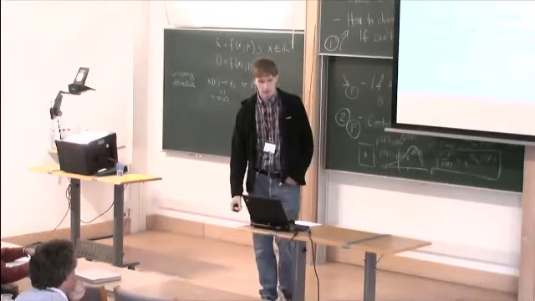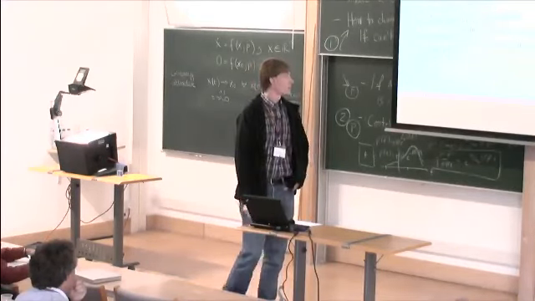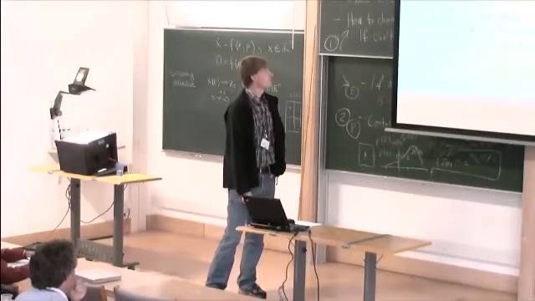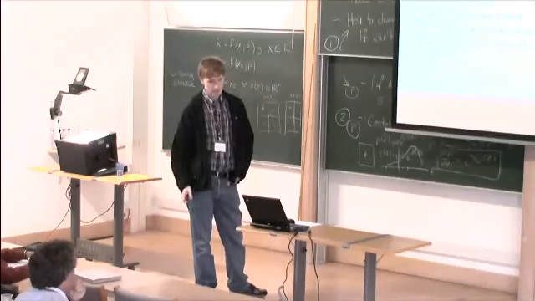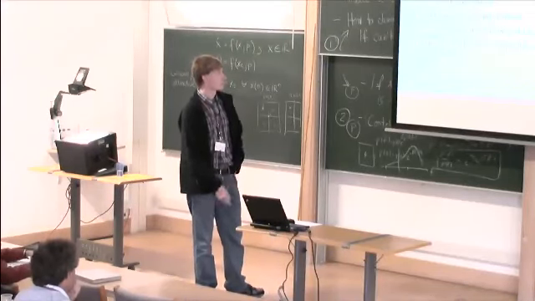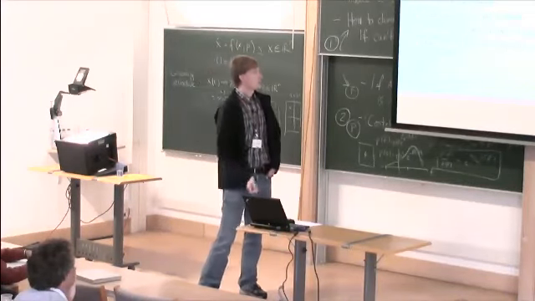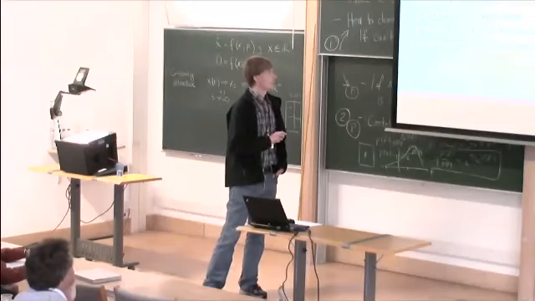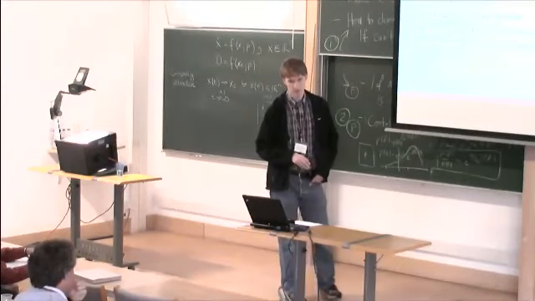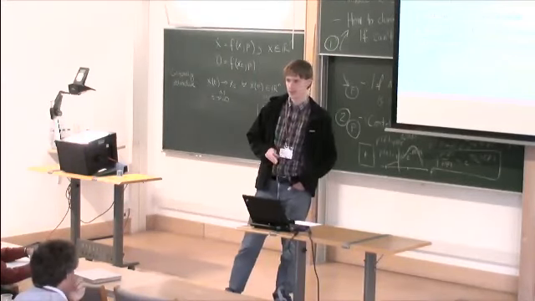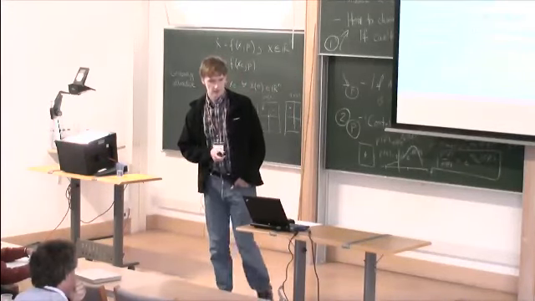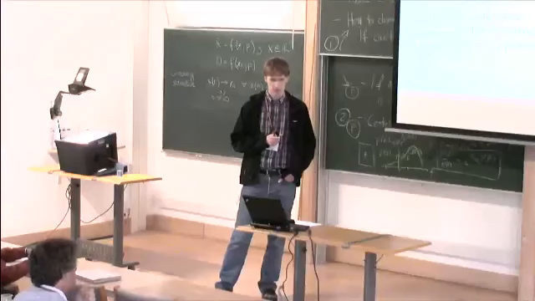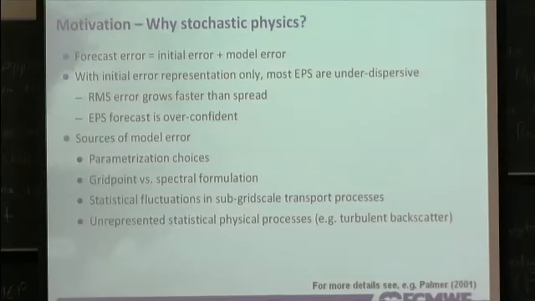Yeah, giving a motivation for the use of stochastic parametrization is after this week maybe not really necessary, but the forecast error, as I pointed out before, has 2 parts, the initial error and the model error. And if you only have the initial error representation in the model, it turns out that you are under-dispersive. That means that the error of the forecast grows faster than the spread of the forecast. And then that means again that your forecast is overconfident because you have less spread than your forecast is uncertain.